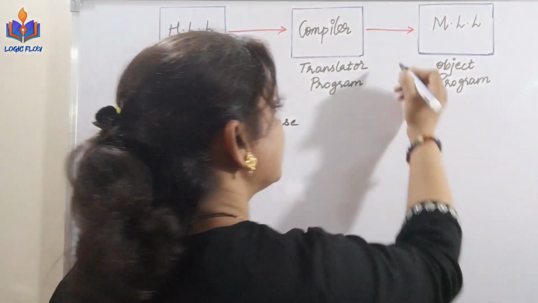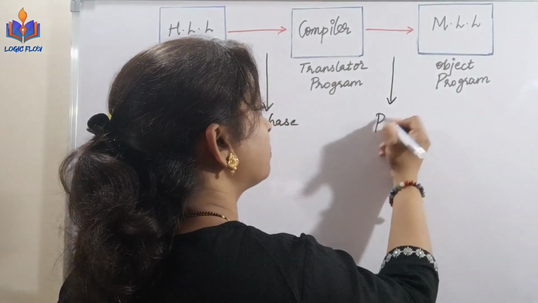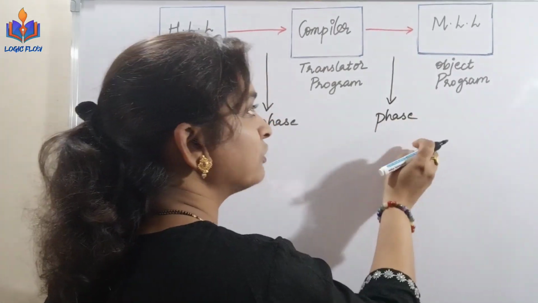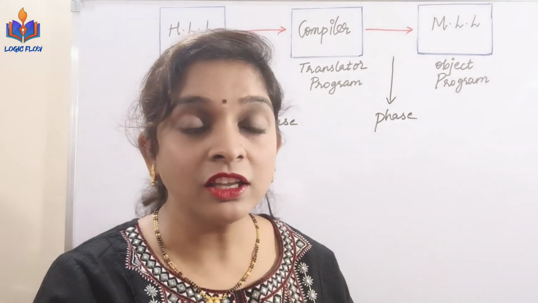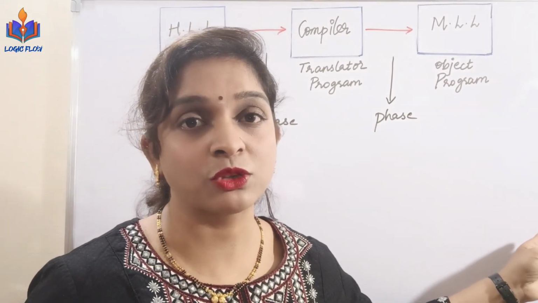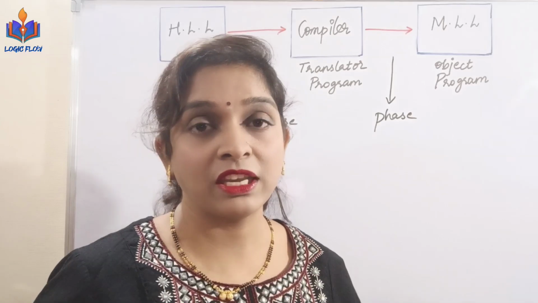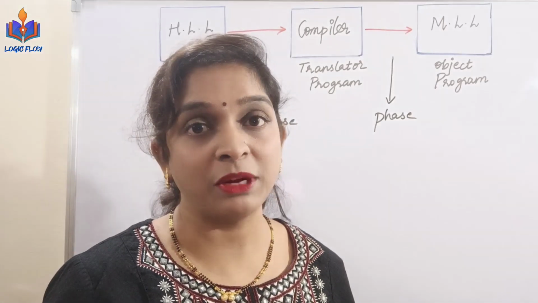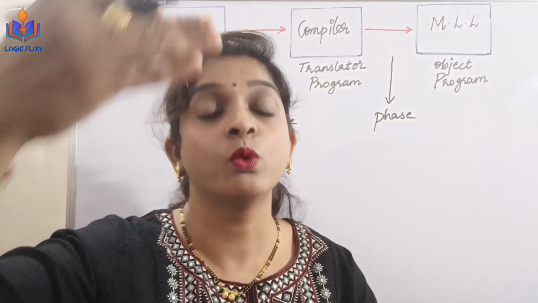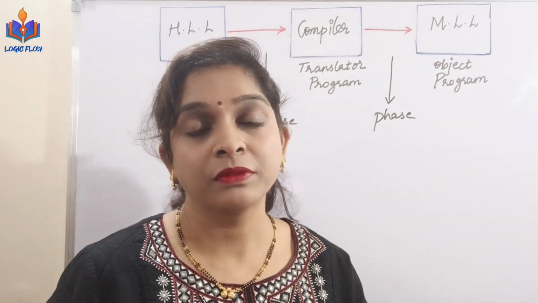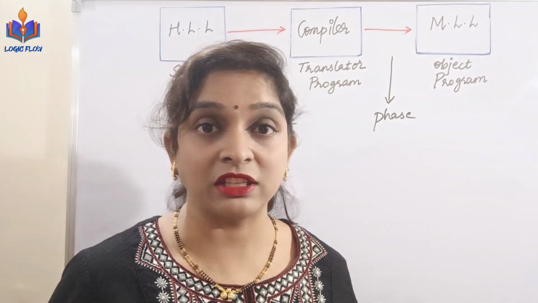But again there is one more phase which comes into picture, and the outcome of that will be the object program. Then you link your object code with various definitions of the built-in functions. Finally you create one single file. Then you load the program and the execution starts, and you get the output.